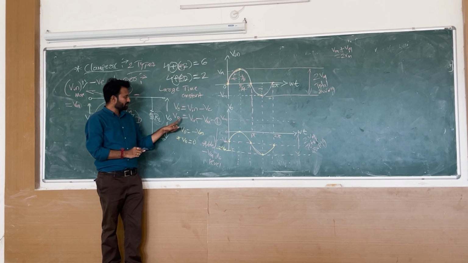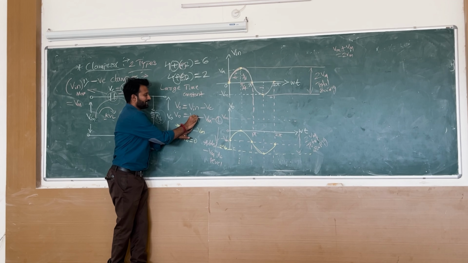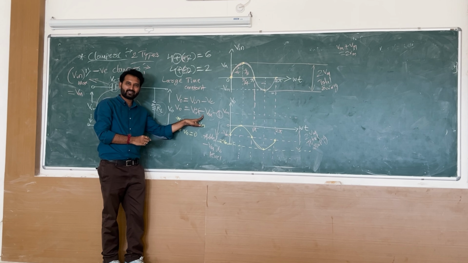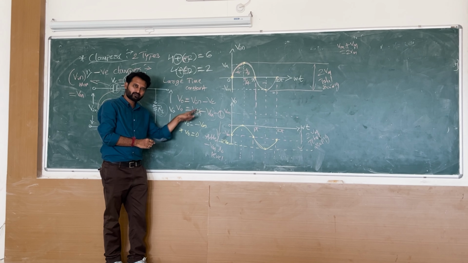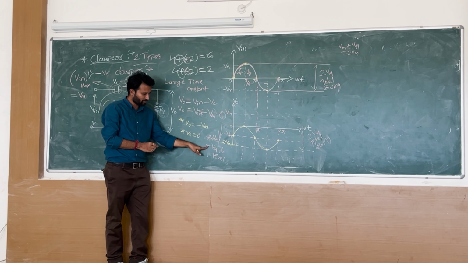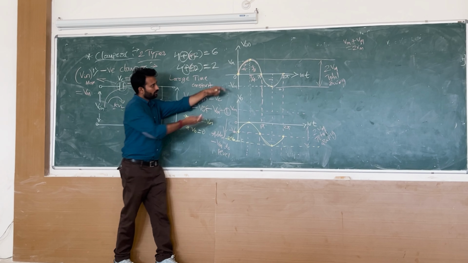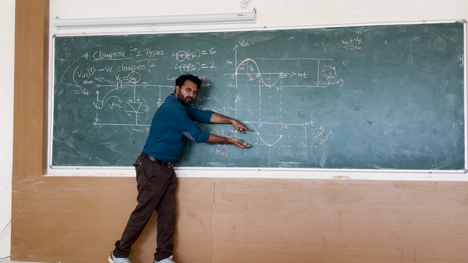If you write like this in bracket, we have added a negative DC level. Vin plus minus Vm, that is minus Vm DC level. Added a minus Vm DC level. So the input has been shifted to the negative portion.